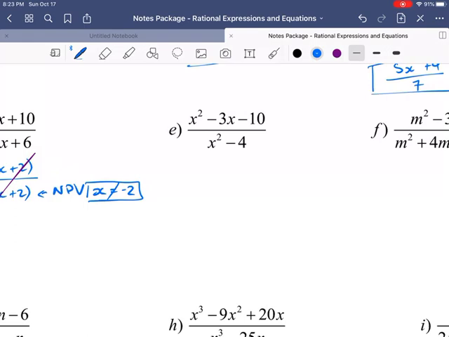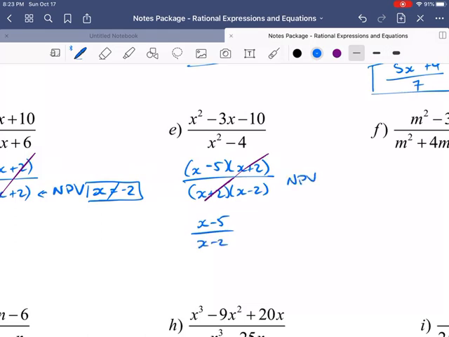Factor the numerator. And factor the denominator, a difference of squares question. And look, those will simplify, and you're going to be left with this. Well, your non-permissible values you need to do at this stage before you simplify anything else. So x cannot equal plus or minus 2.